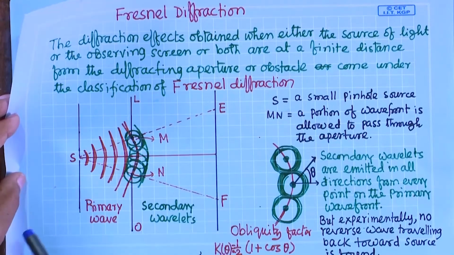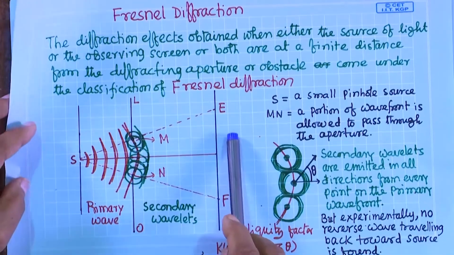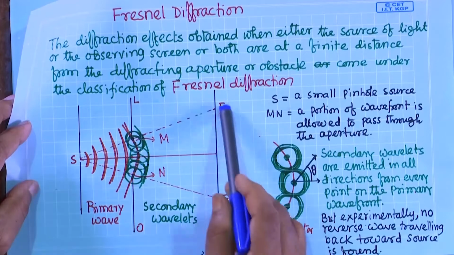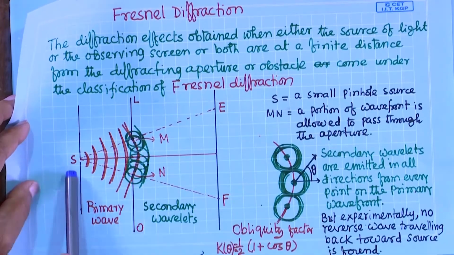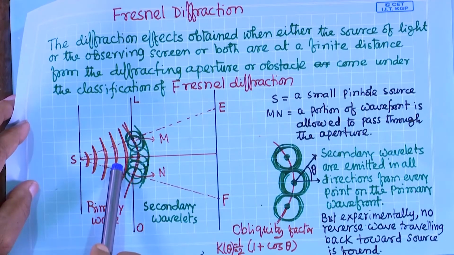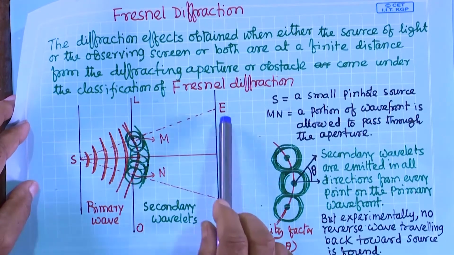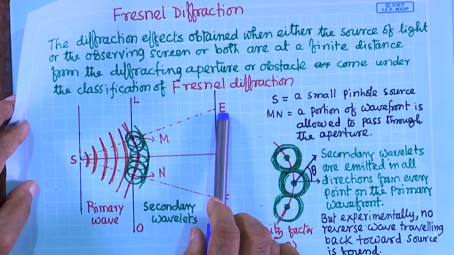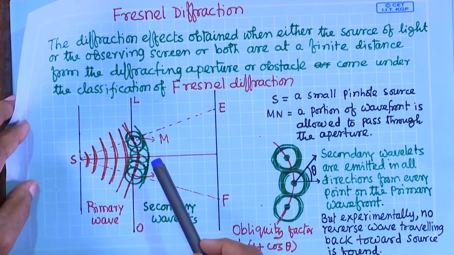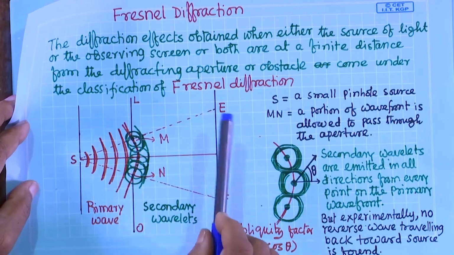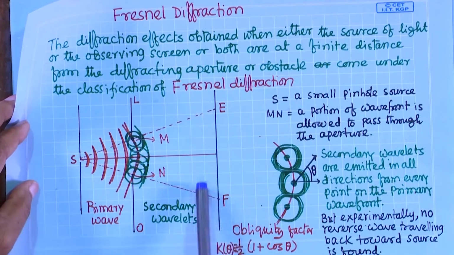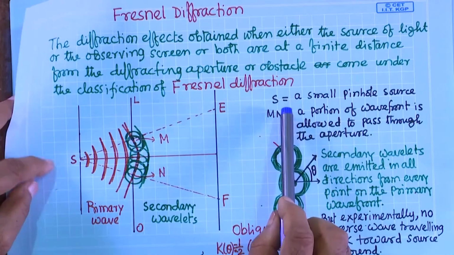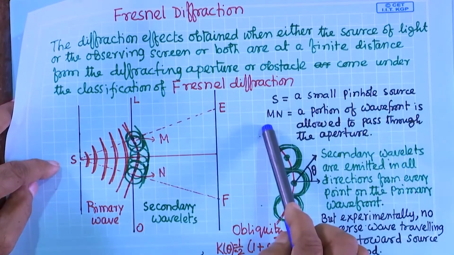On the screen, what will be the effect on the intensity of the light? The source is at a finite distance and the screen is also at a finite distance. So, we are interested to find out what the intensity distribution on the screen will be. S is a small pinhole source.